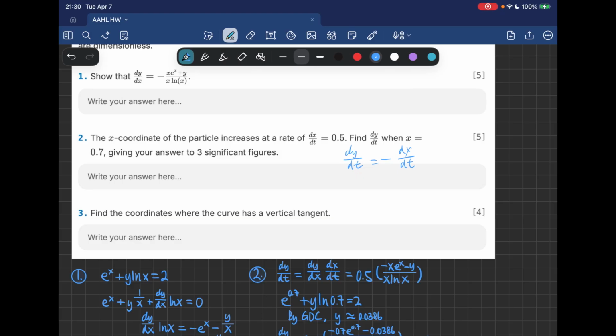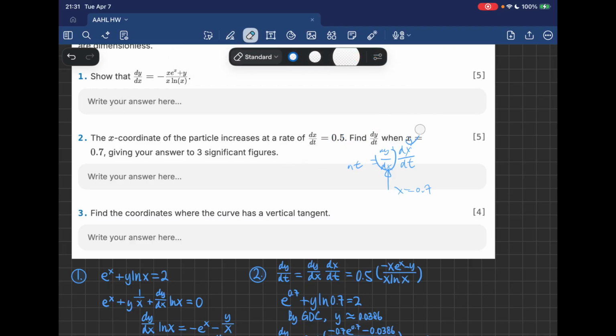And what is missing to build this equation is dy over dx, right? And that's what we did in part 1. So we substitute 0.5 here, and then we find the numerical value of this when x equals 0.7. And then we can find dy over dt.